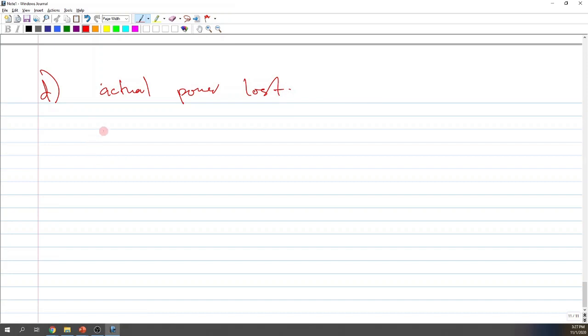Okay, so kita kena cari yang PU dulu. So P line PU kan. So kita kena ada I line square ni I line PU dengan R line.